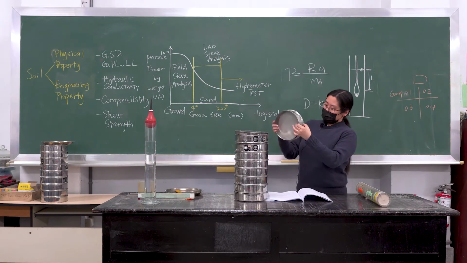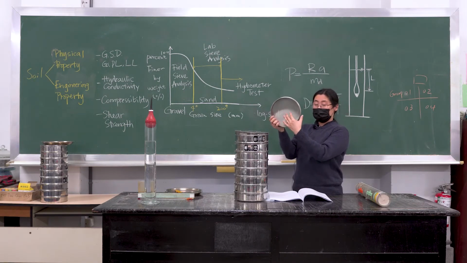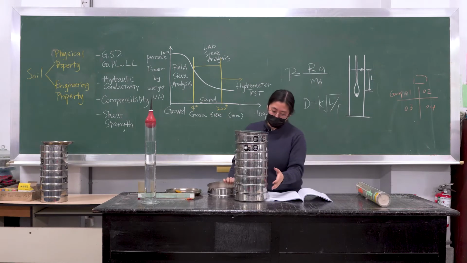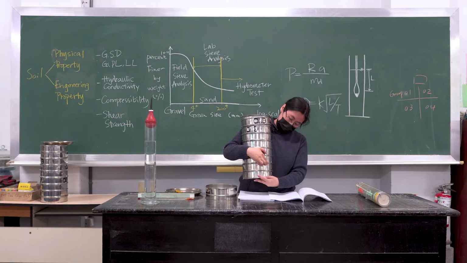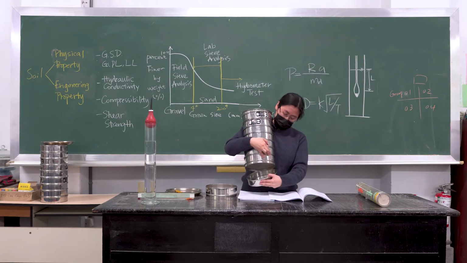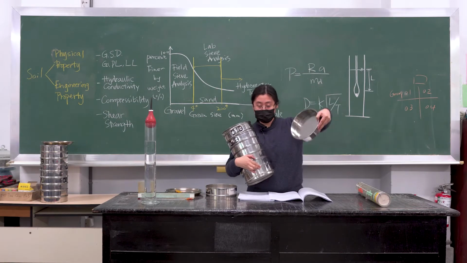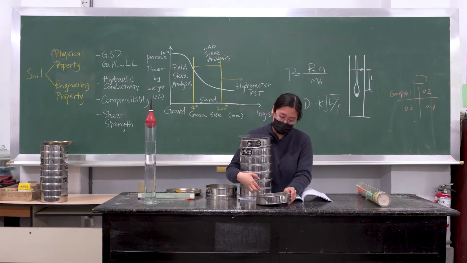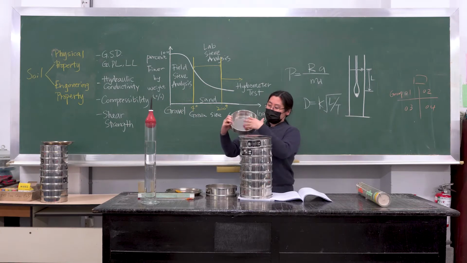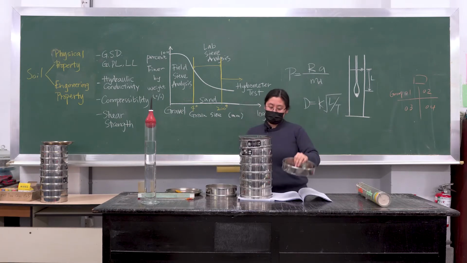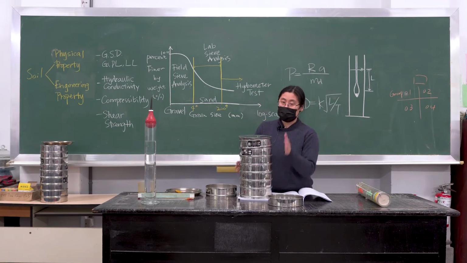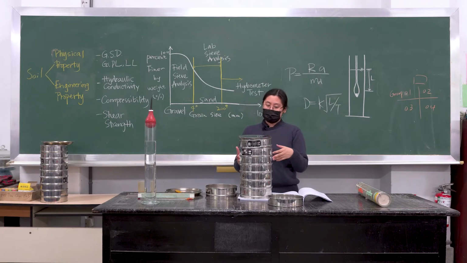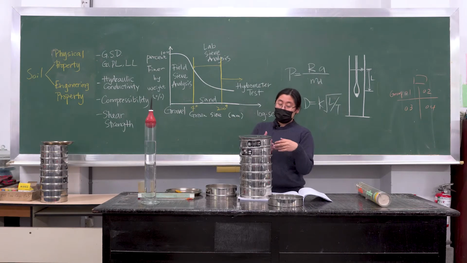The particles that are finer than the number 200 sieve will be retained on a collection pan like this. For the particles retained in this pan, we are going to use the hydrometer test to determine the distribution of the particles.